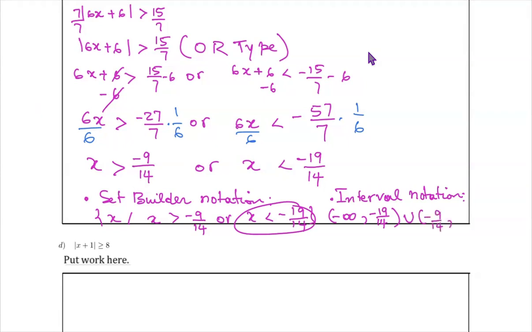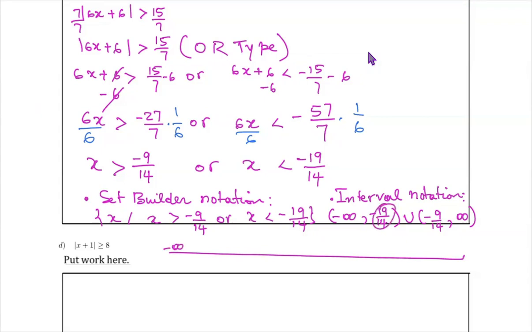from negative 9/14 over to infinity. And by the way, you cannot reverse the order. You have your number line here, you get negative infinity. The number negative 19/14 is smaller, so you get it first, then negative 9/14, and then infinity.